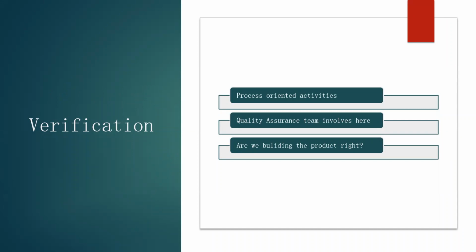Okay. Verification is a completely project process oriented activity. I'll give you a very simple example. There is a kid in a house, and as a parent, I monitor that my kid wakes up every morning and studies from 4 o'clock till 7 o'clock.